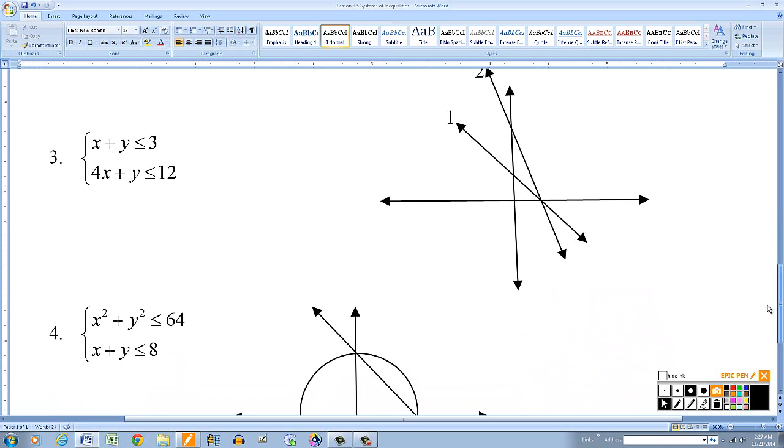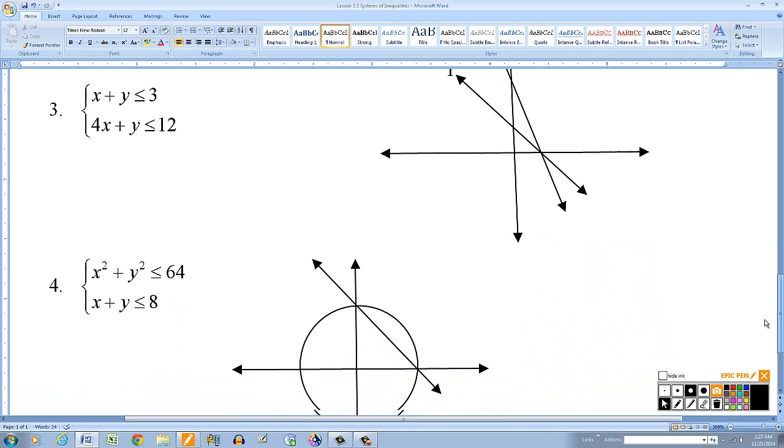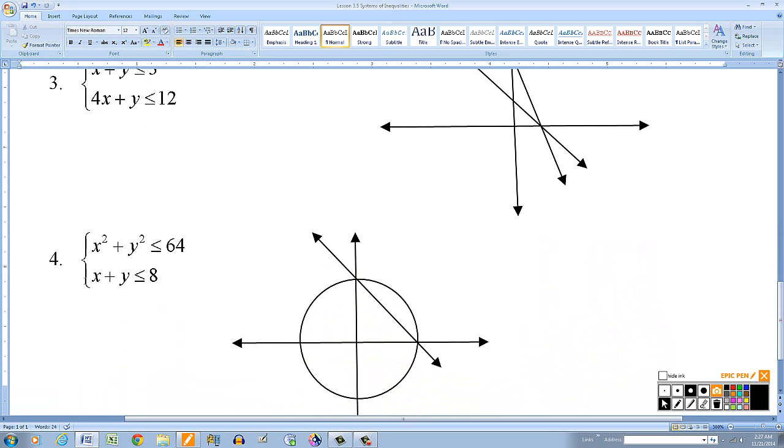Okay, so in this case, the boundary for the first inequality is x squared plus y squared is equal to 64. That's a circle with radius 8. Remember, 8 squared is equal to 64. So here on the right, I have a circle drawn, a center at the origin with radius 8. Okay, there it is. Now the second inequality is a boundary line.